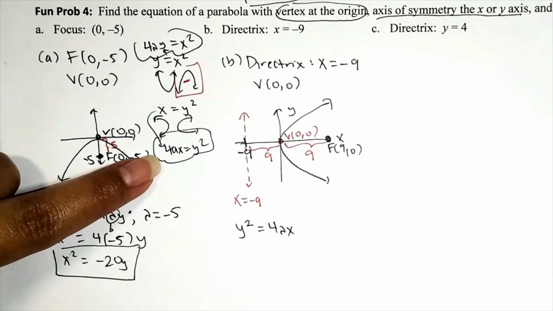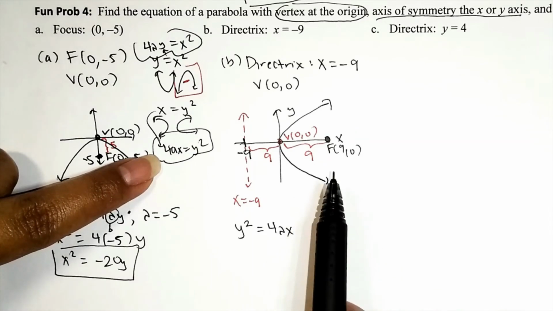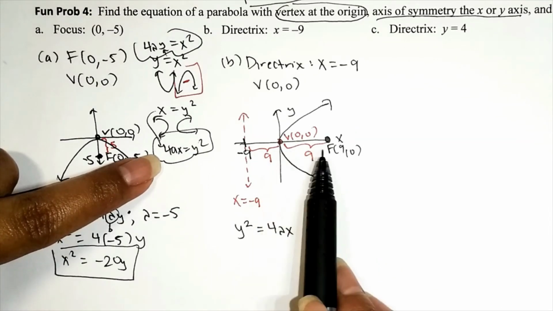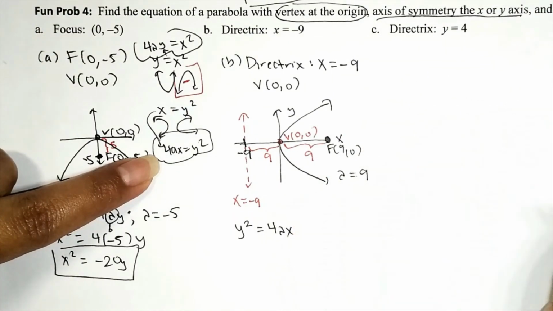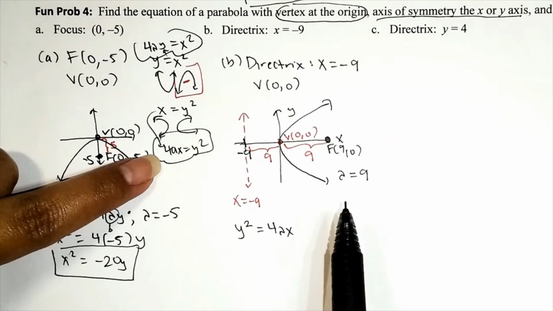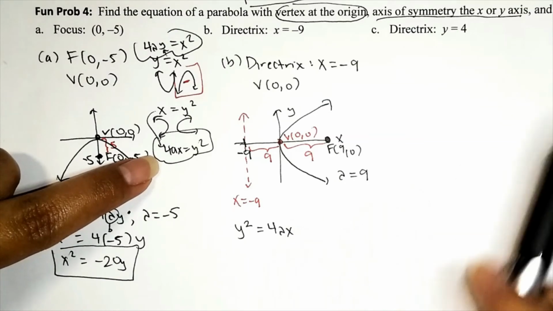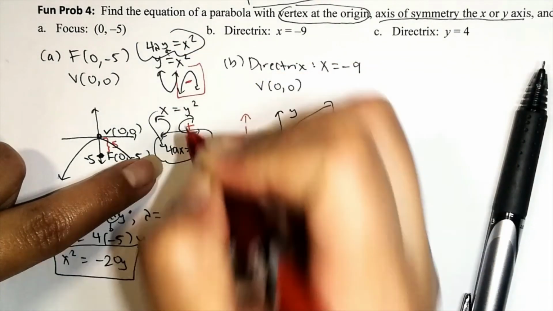But now the question is, what is the value of a? We know that the distance from the vertex to the focus is 9. Okay, so we know that there's a 9 involved. But now the question is, is a going to be positive or negative? Because the parabola opens to the right, the value of a will be positive.